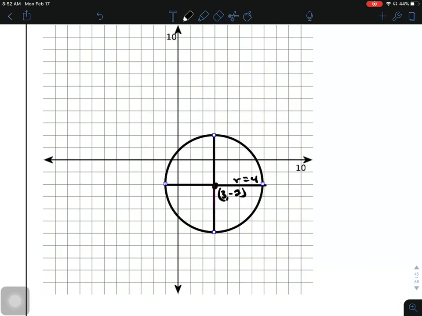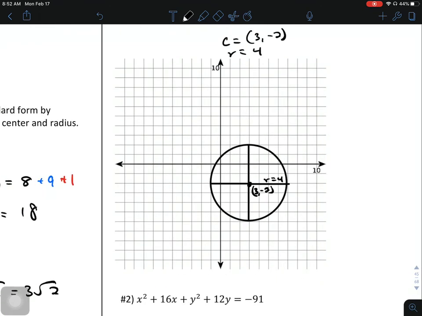It's going to give us this approximate circle. You don't have to have both the vertical and horizontal diameter.